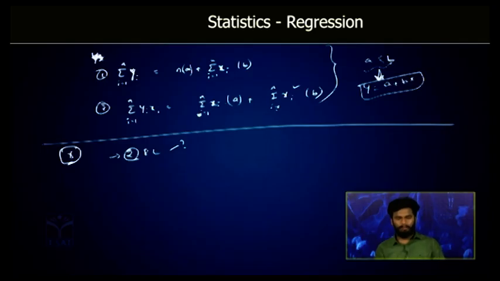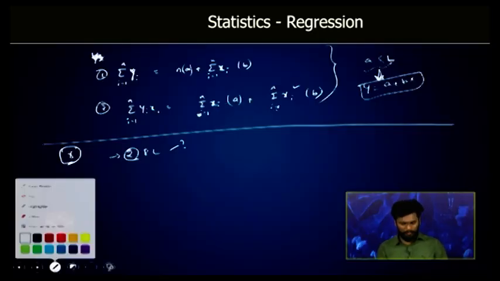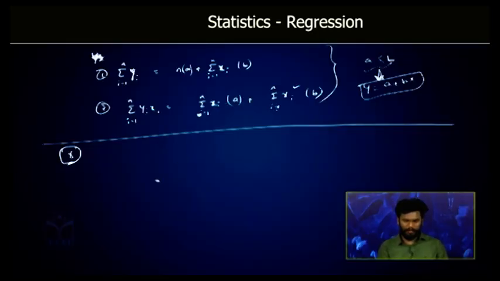The question is, why are we having two regression lines? First, we will see the regression lines using the correlation coefficient r.